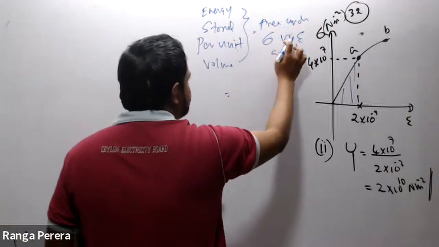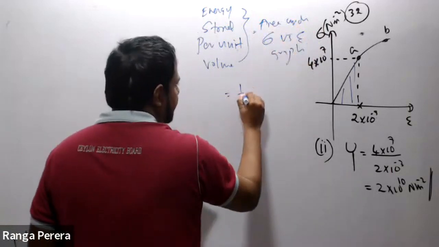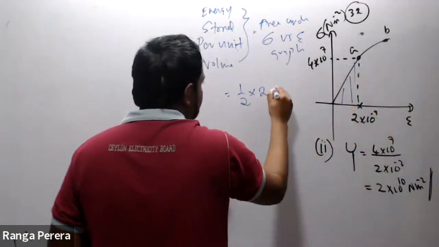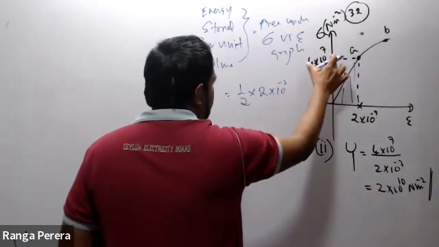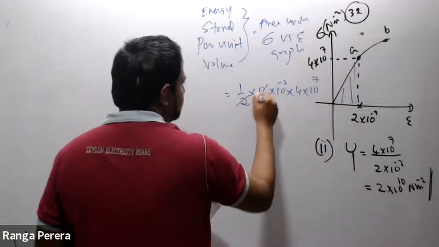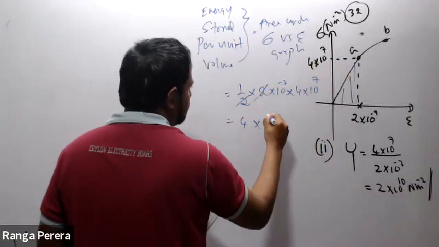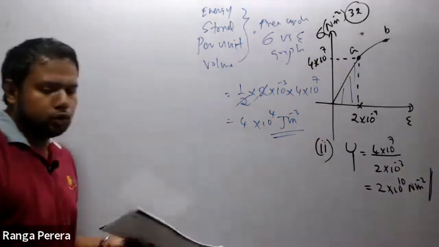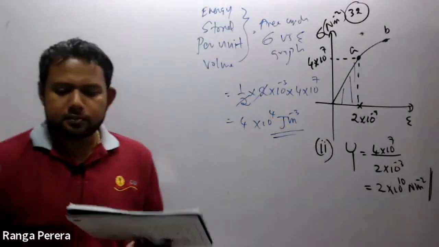Area under the stress versus strain graph. Area equals half multiplied by 2 × 10^-3 multiplied by 4 × 10^7. The 2 cancels with the 4, giving 4 × 10^4 joule per cubic meter. Remember the units, joule per cubic meter, because it must be per unit volume.